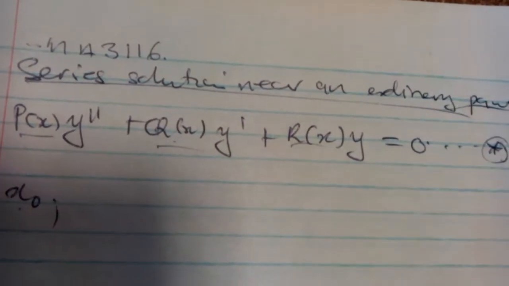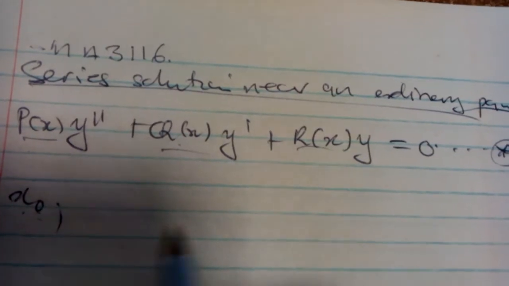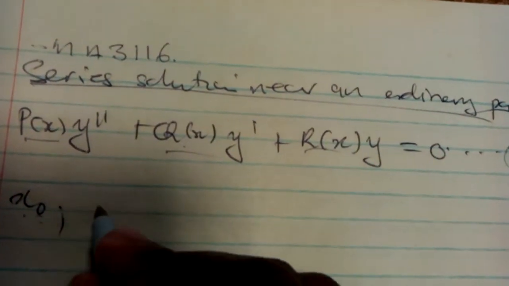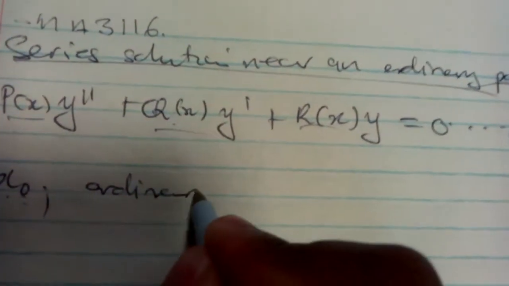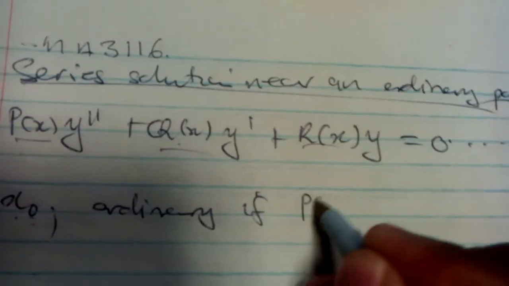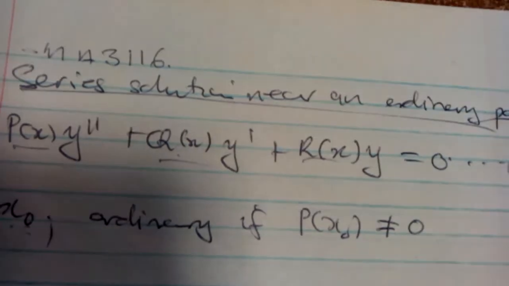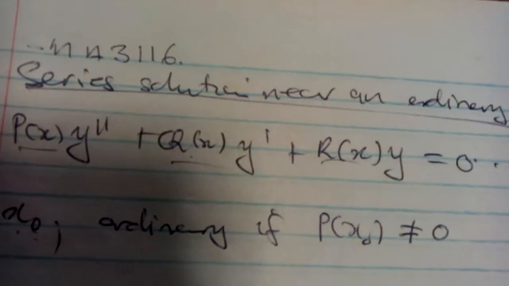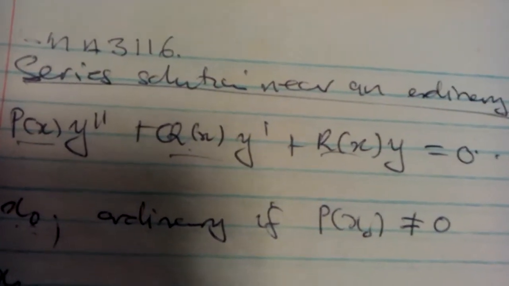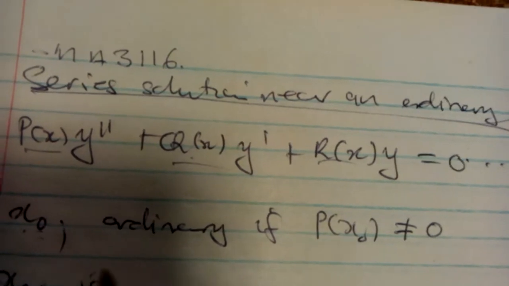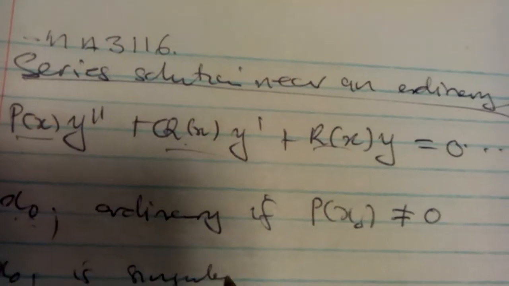And the point x naught is said to be an ordinary point if P at x naught is not equal to 0. Otherwise, x naught is singular if P at x naught equals 0.